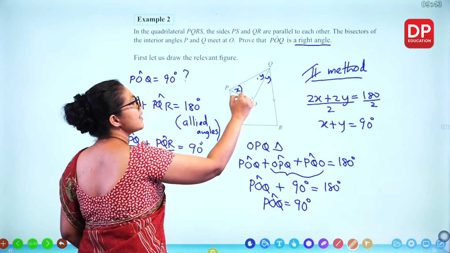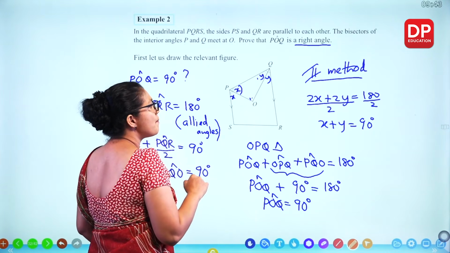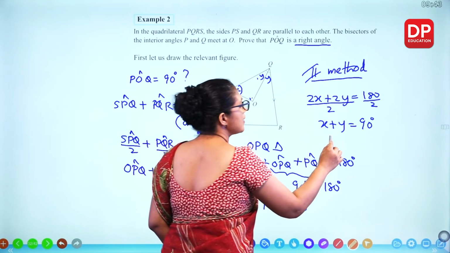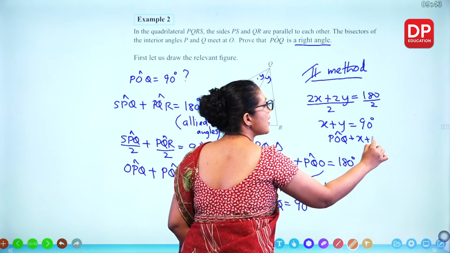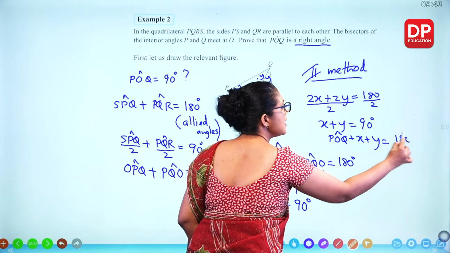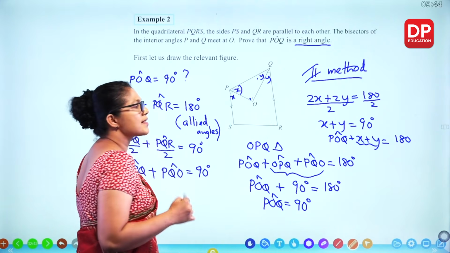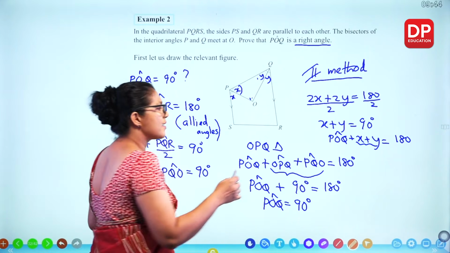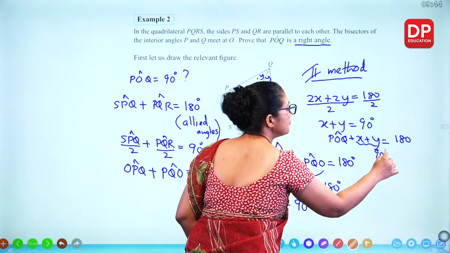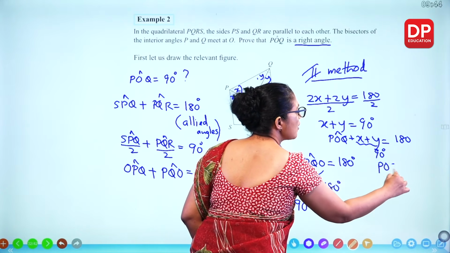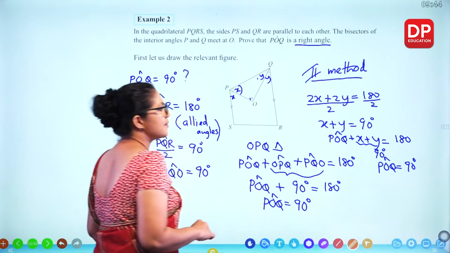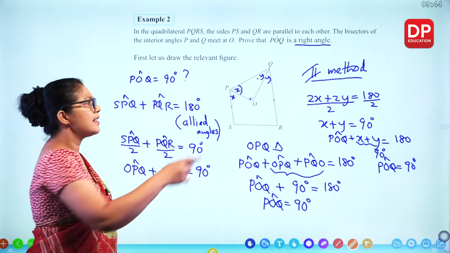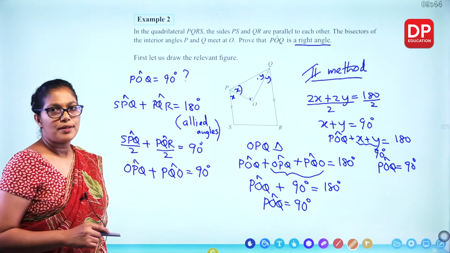And then I can write, if this is POQ angle, POQ plus x plus y is 180, but we know x plus y is 90. You can write down 90 there, and write down POQ is equal to 90 degrees. If you are using the algebraic method, you can show that one.